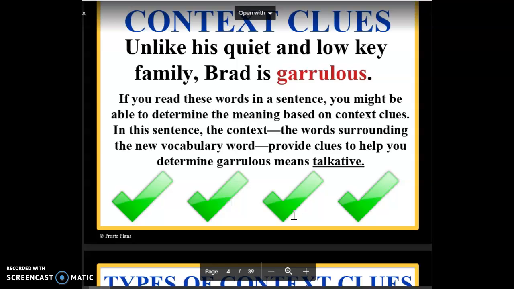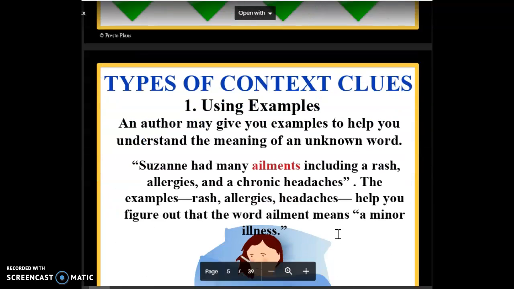In this sentence, the context, or words surrounding the new vocab word, provide the clues to help you determine garrulous means talkative. That is not what I got just by the look of the word, right? However, we knew that it meant something on the opposite of quiet and low-key.